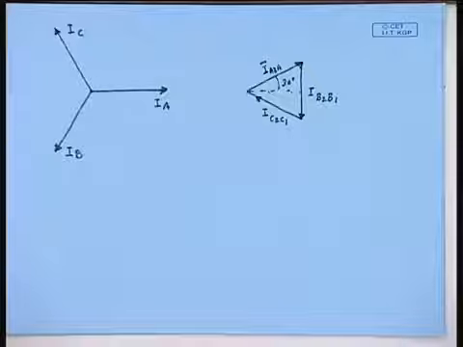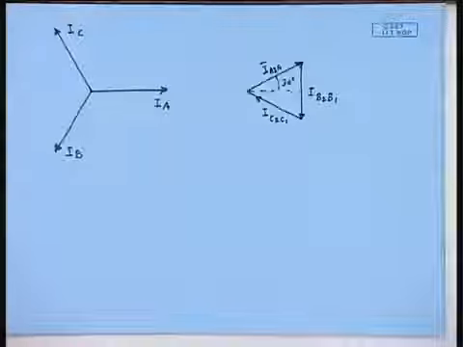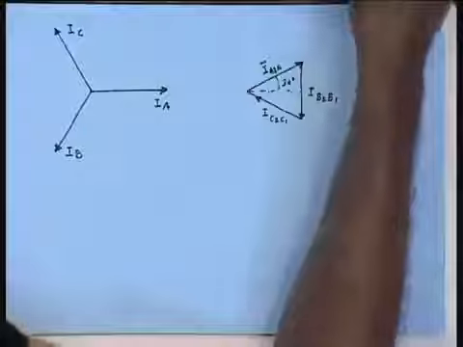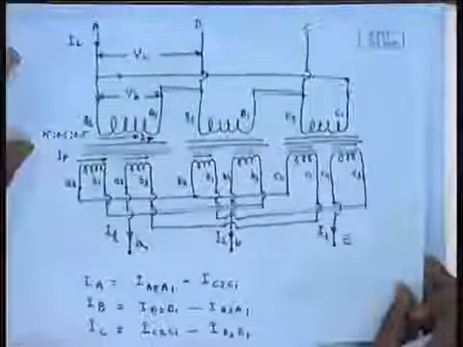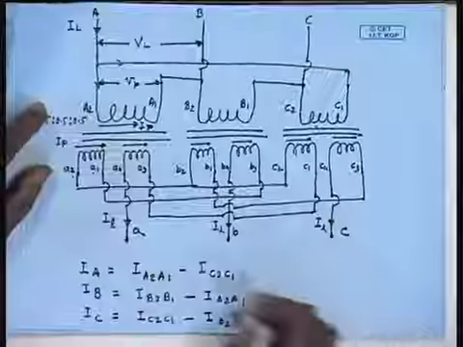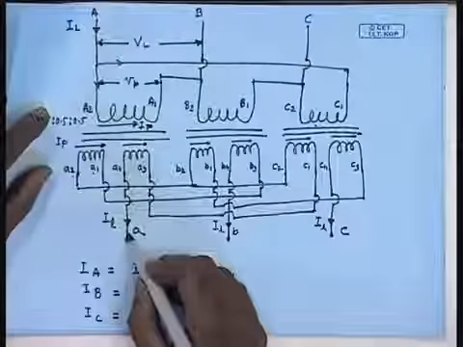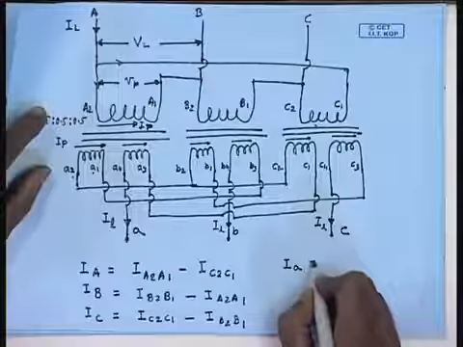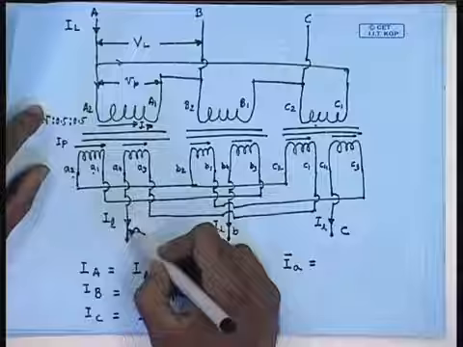Now that we have got the winding currents, we can now draw the winding currents on the low voltage side. Now, the currents on the low voltage side, from this phasor diagram we find the current I small a, this is the I small a.